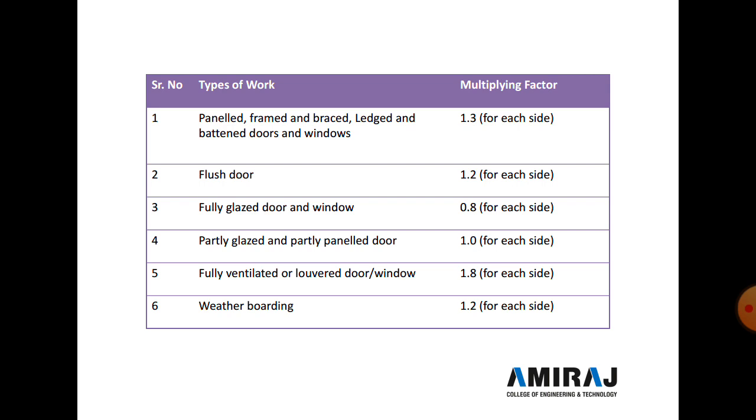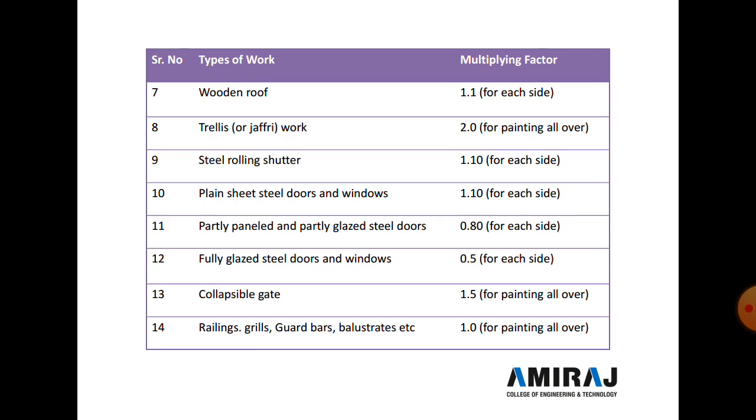Next is a wooden roof, with a multiplying factor of 1.1 for each side. Trellis work has a multiplying factor of 2.0 for painting all over. Steel rolling shutter is 1.10 for each side. Plain sheet steel door and window is 1.10 for each side.